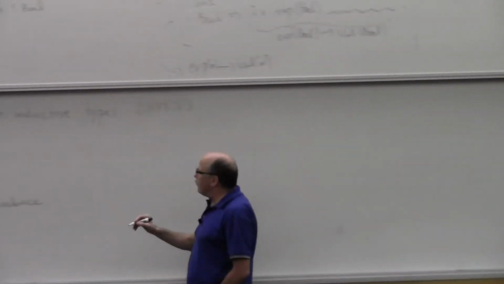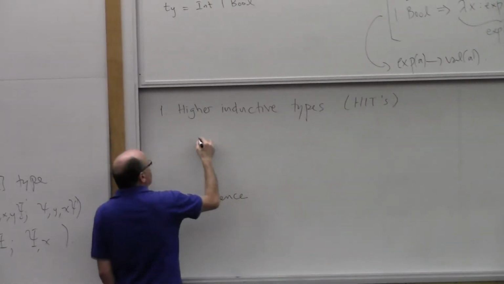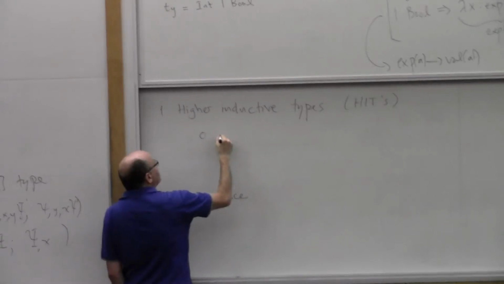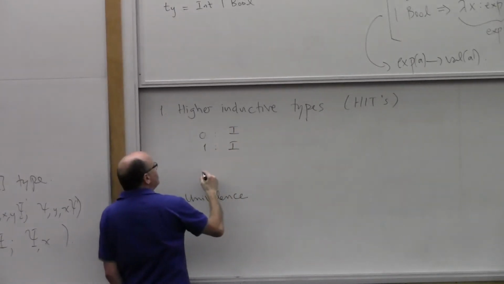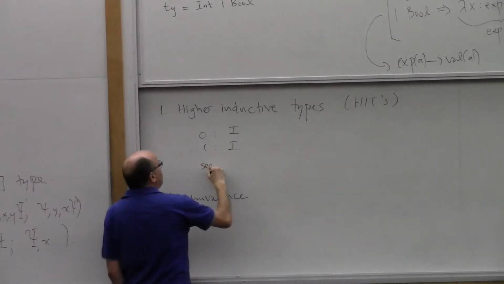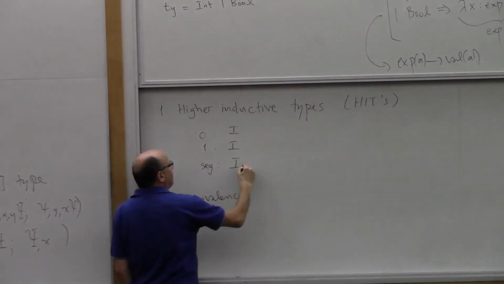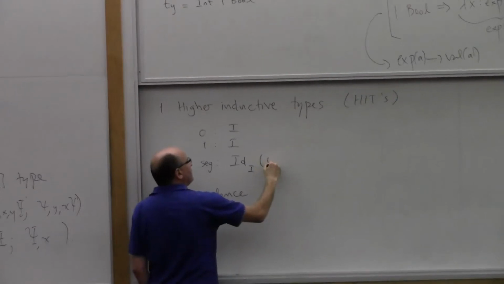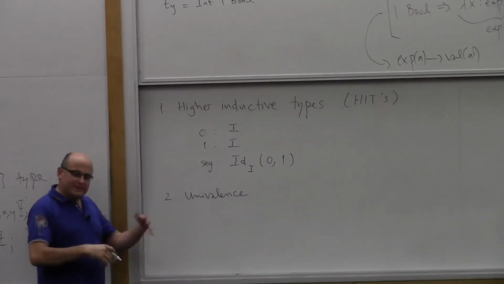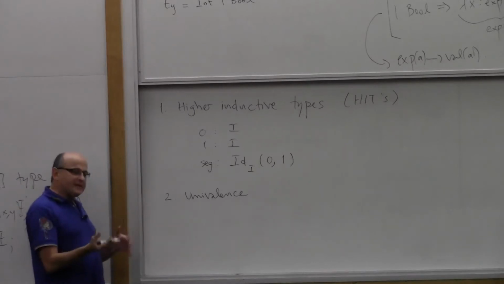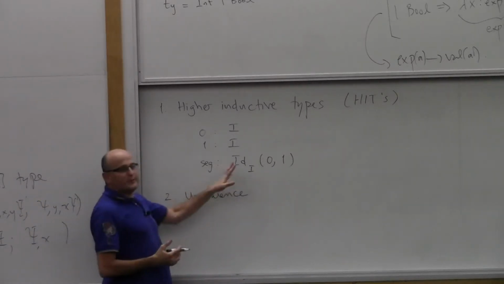So I mentioned to you before, perhaps the best starting point is we have the interval, we have 0 and 1, and then we specify a segment, which is a proof that identity on the interval, 0 is, so to say, equal to 1. I would rather, in the same way that I've often said, psychologically it's easier to think of that as a path between 0 and 1.